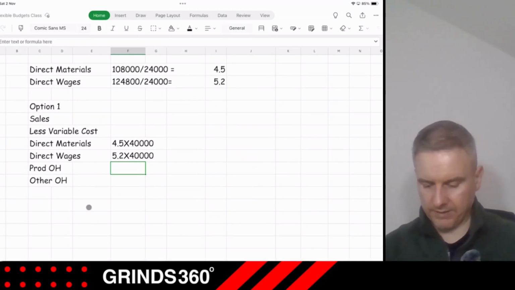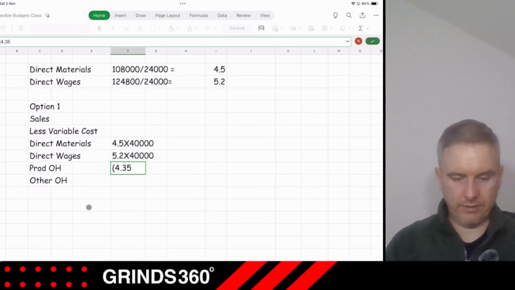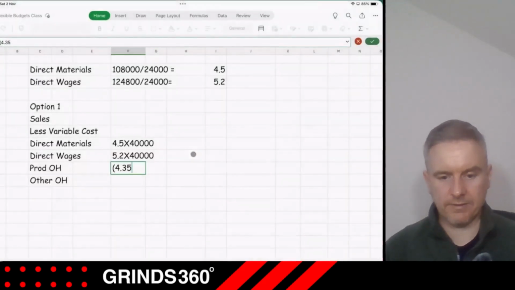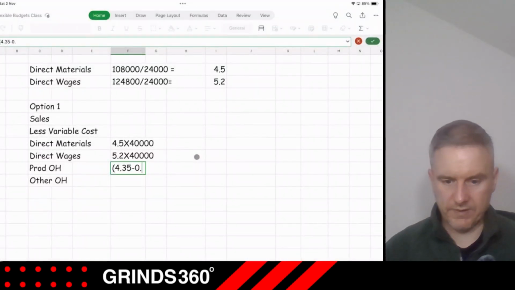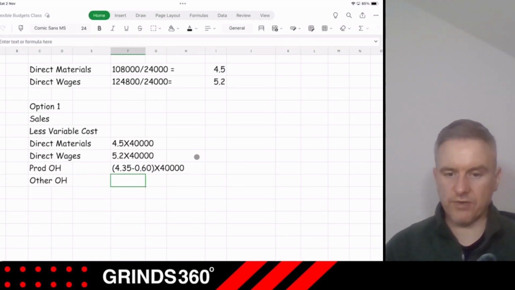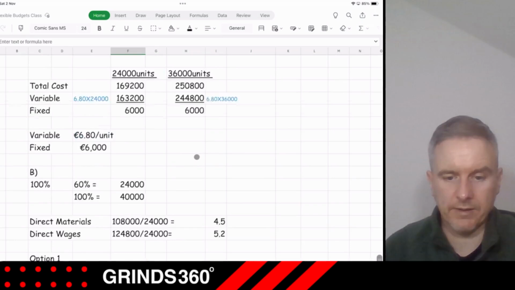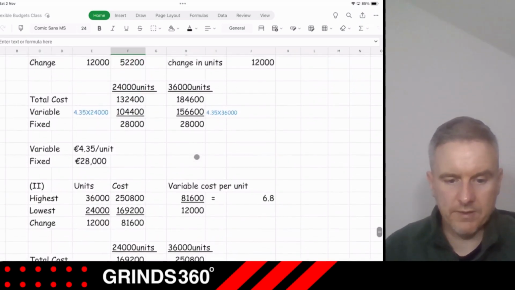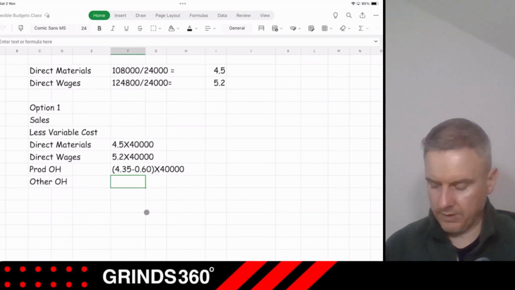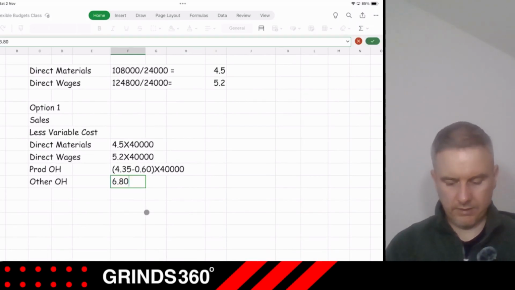It's going to be reduced by 60 cent, so minus 0.60, and then that's by 40,000. Other overheads haven't changed, so we keep it as it is. That's still €6.80 per unit, so 6.8 by 40,000 euro.